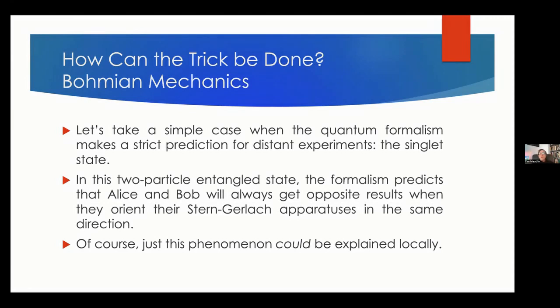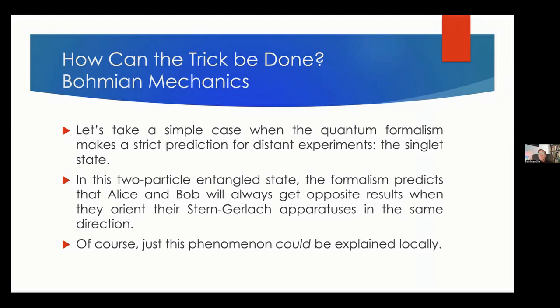But it turns out that what Bell showed, and I'm not going to go into that proof here, is that although you can have a local explanation of that particular experiment, if Alice and Bob, instead of measuring in the same direction, start to measure in slightly different directions, if they adjust their magnets so that there's some angle between them, then the quantum mechanical predictions cannot be explained in a local way.